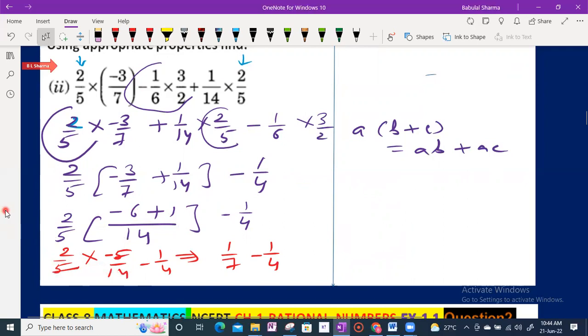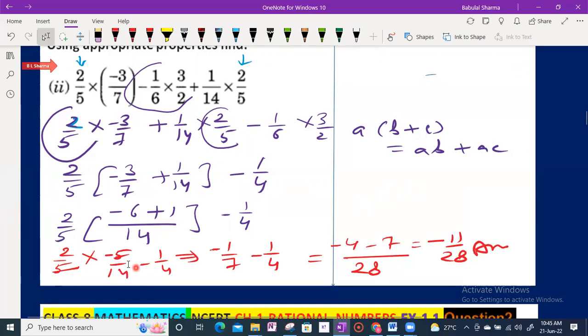So again taking LCM here, LCM is 28, so that is minus 4 minus 7, that is minus 11 upon 28, the answer.